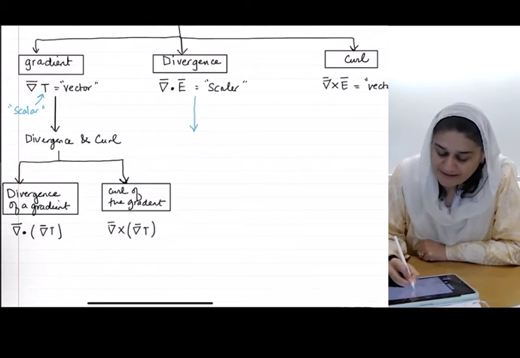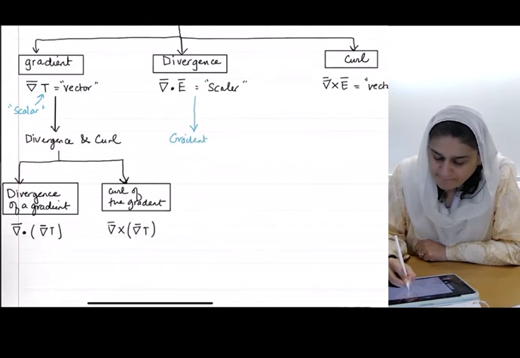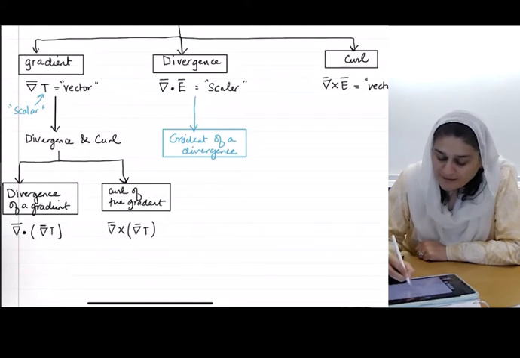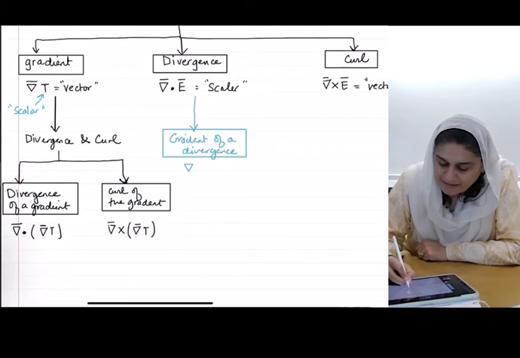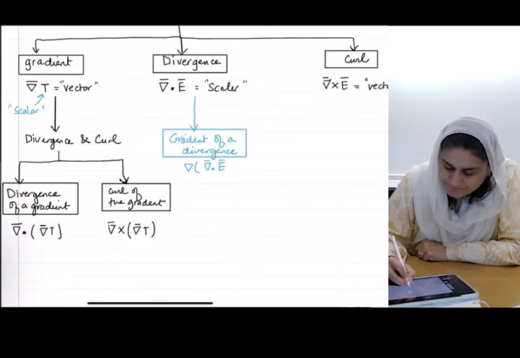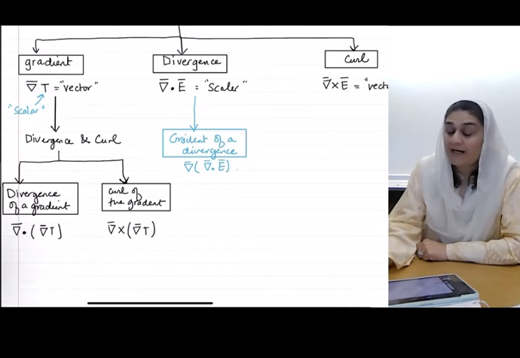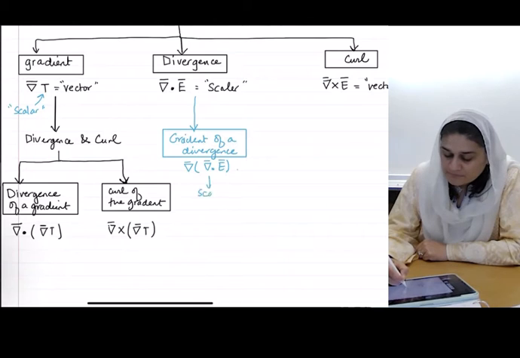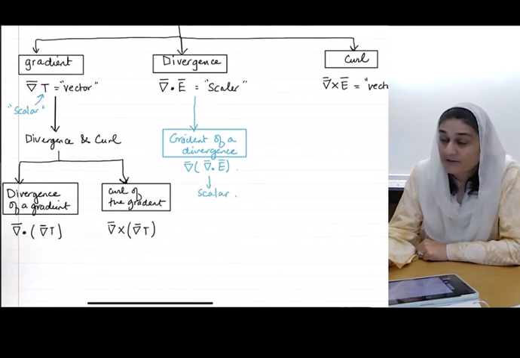I can only take the gradient of a divergence. And what would I write that as? Del, del dot E. And gradient is always a scalar, right? As a result, I will get a scalar number.